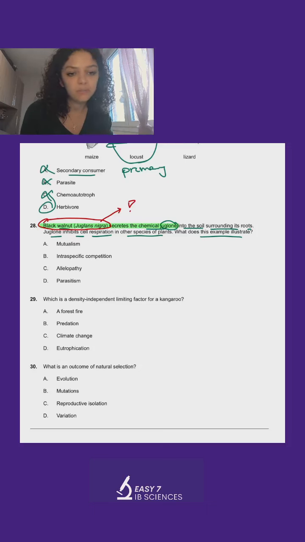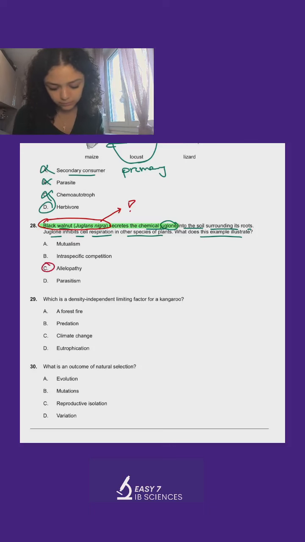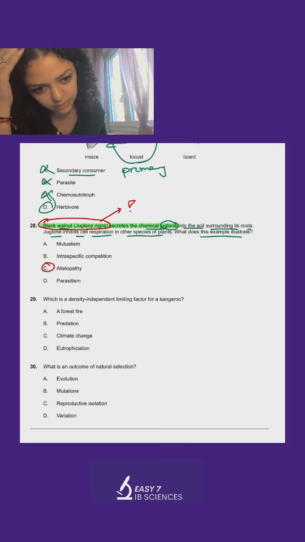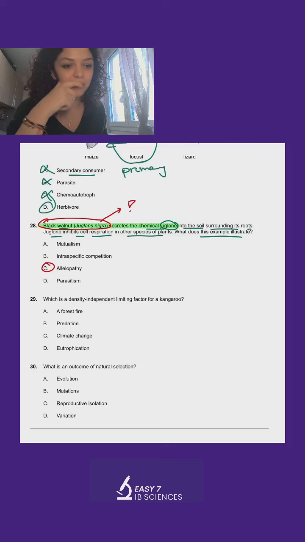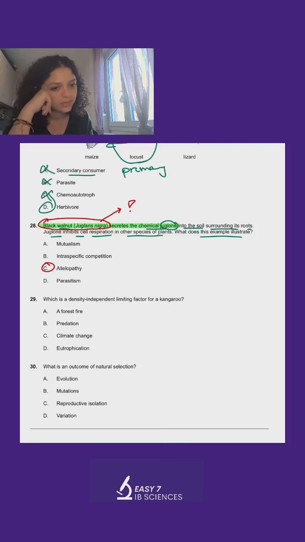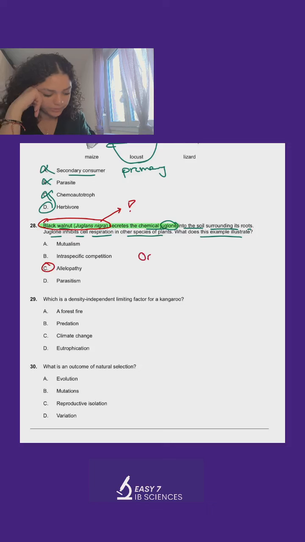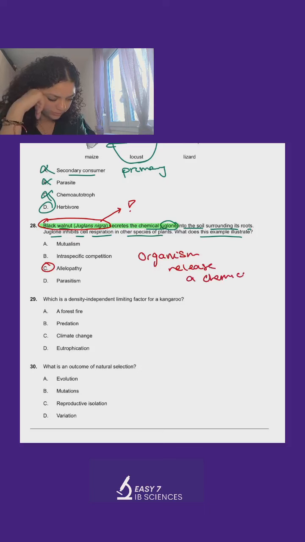So it's not parasite. It is part of topic 6. Allelopathy. If you've done the crash course, I want to see if you remember, but if not, that's okay. What is allelopathy? It is when an organism releases a chemical which inhibits something else.